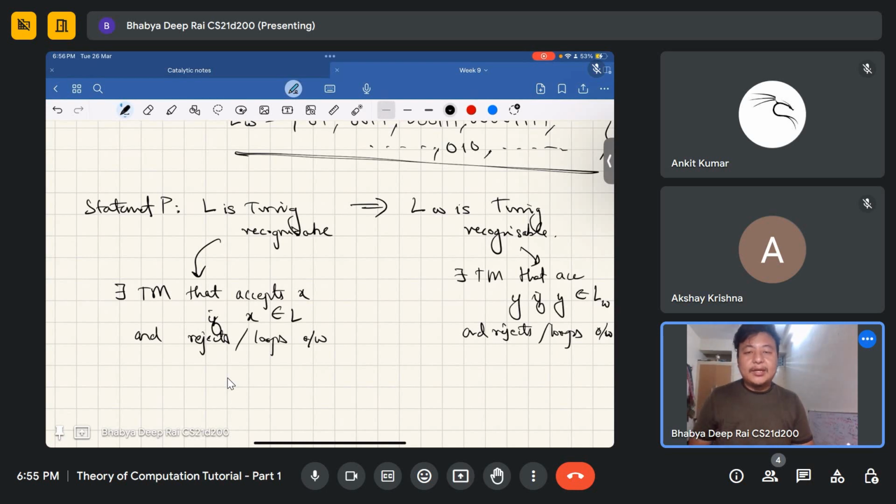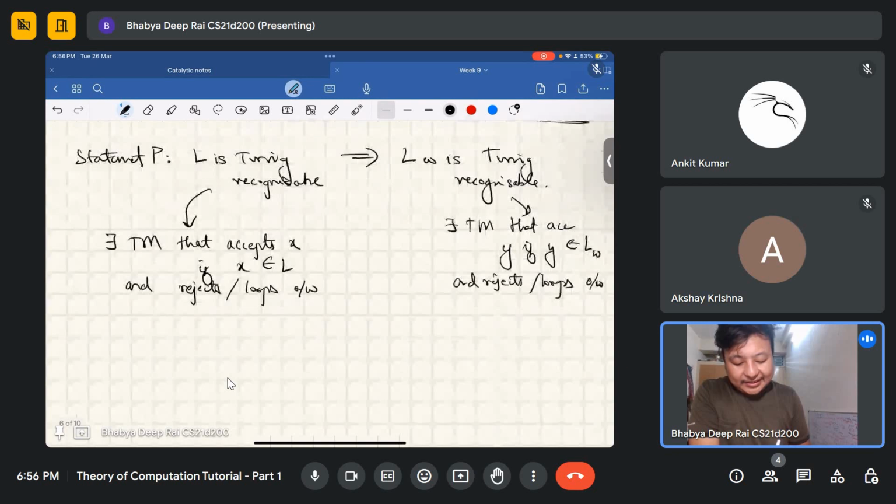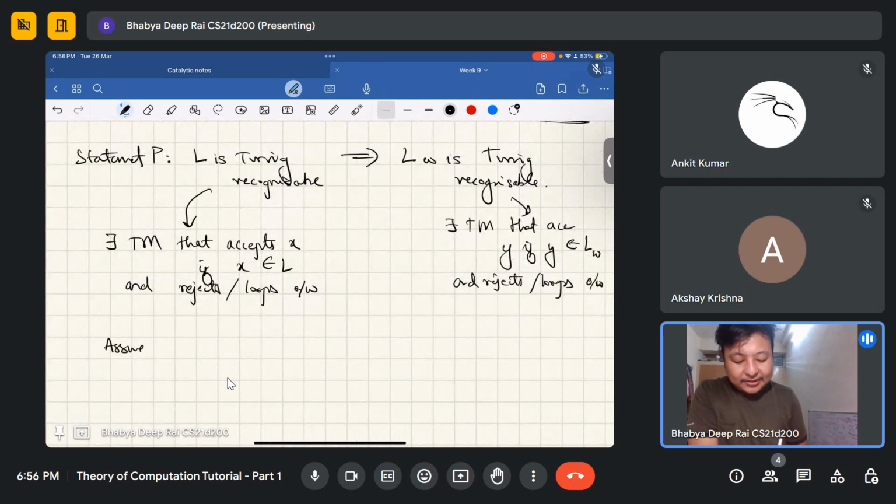Now we want to prove this statement, right?